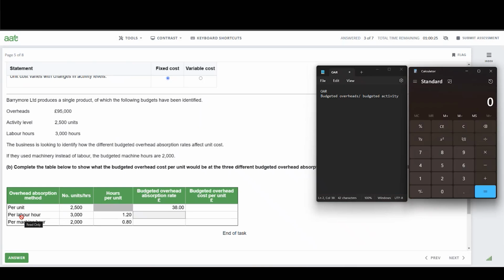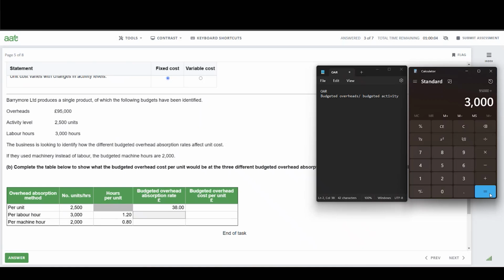The overhead absorption rate on a labour hour basis will see us dividing our overheads again by the number of labour hours we have available. Labour hours are 3,000, aren't they?